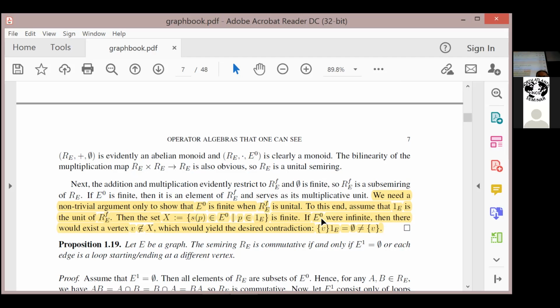So suppose E0 is infinite, but then because it's infinite and X is finite, there must exist a vertex V which is not in X. But then we get immediately the desired contradiction, because when I take the one-element set, which is a finite set, times 1E, then I see that it must be the empty set.